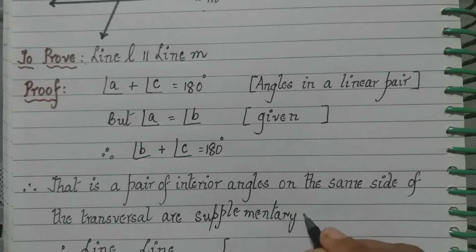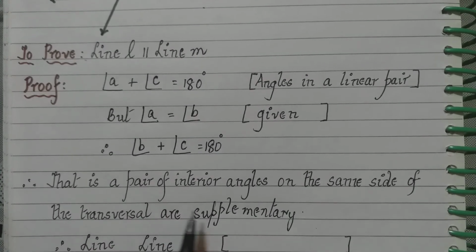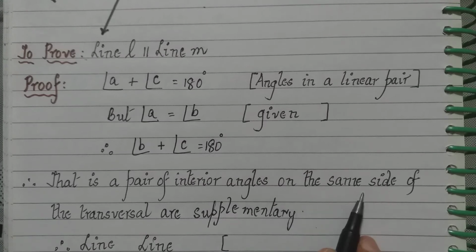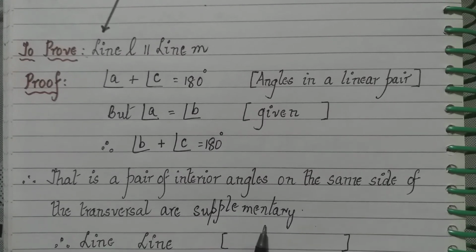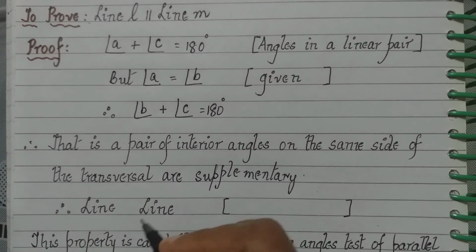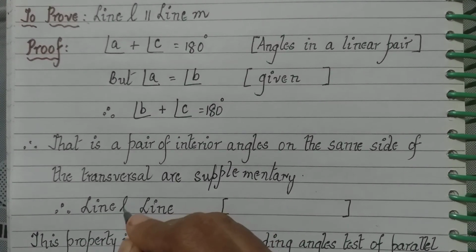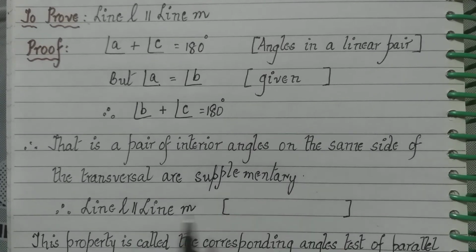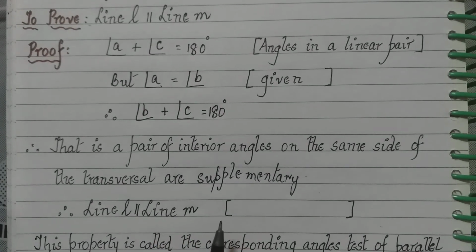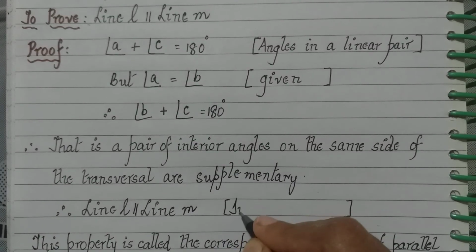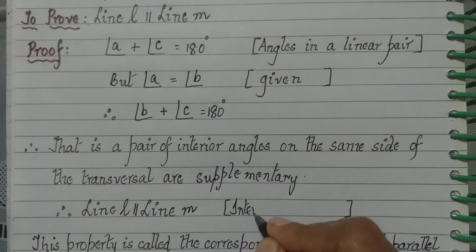Or you can also say that angle B and angle C, which are the interior angles on the same side of the transversal, are supplementary. So if they are supplementary, immediately we come to the conclusion that line L parallel to line M. And how is it possible? That is by the interior angles test. So we write here, by the interior angles test.